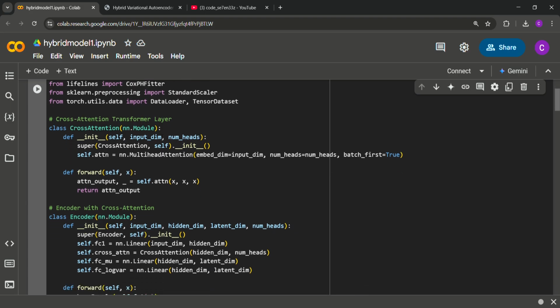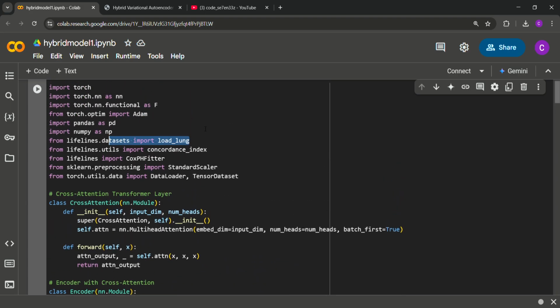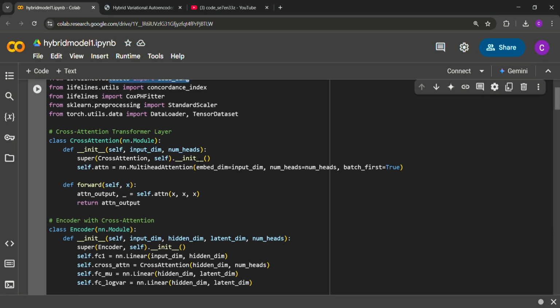For data handling, pandas and numpy, sklearn preprocessing, standard scaler for feature scaling, torch utilities, data loader for efficient batch processing. Why do we need Lifelines? Lifelines provides us with survival analysis tools, including the Cox proportional hazard model and concordance index for evaluation.